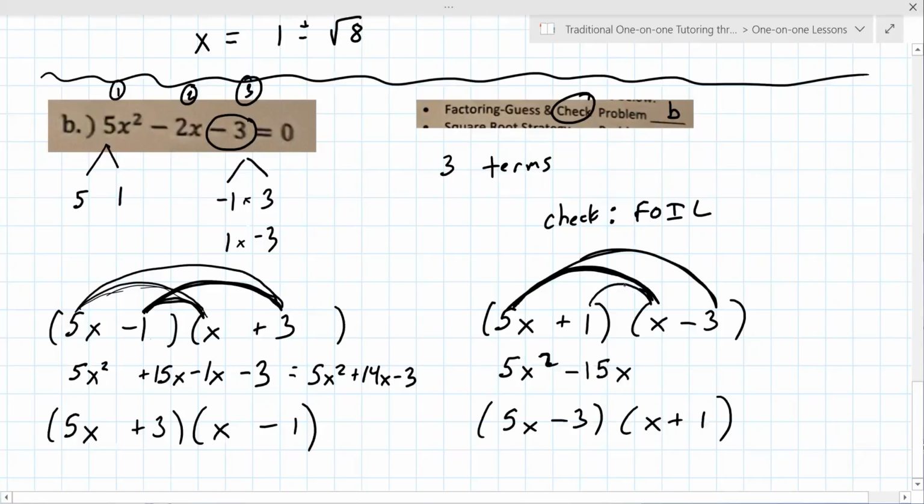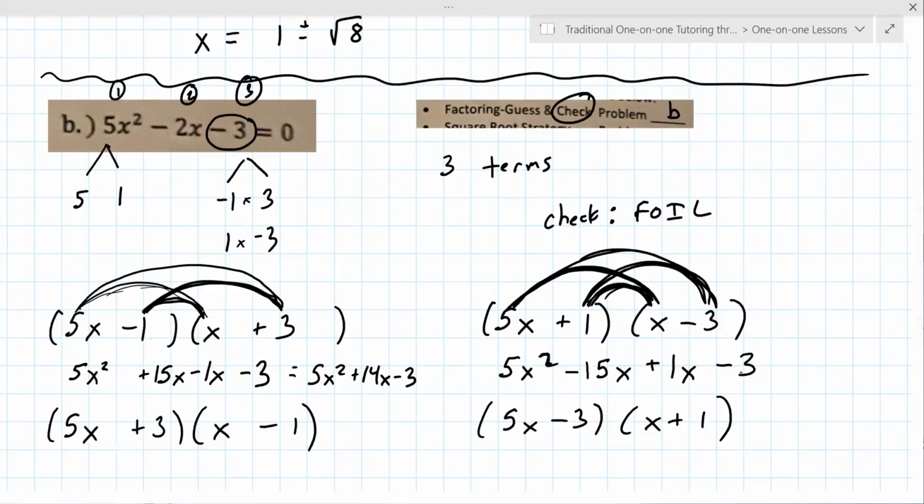What is 1 times x? 1x. And then 1 times -3. That's -3. Good. Now when you add these up, you get 5x squared minus 14x minus 3.